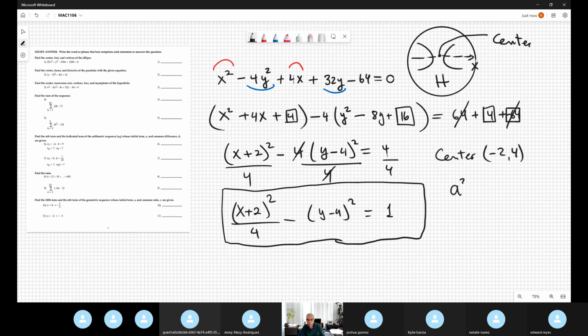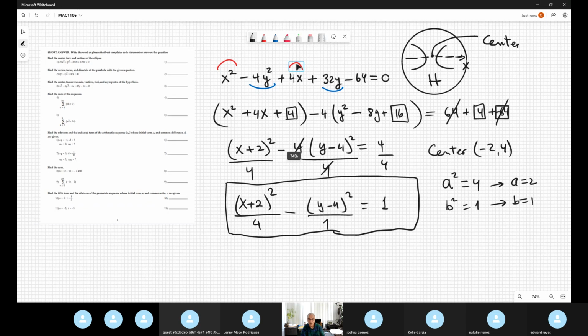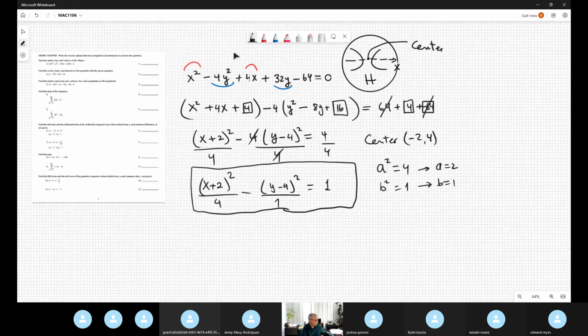Also a squared is 4. Remember, a is not the bigger one, like in the ellipse. A is associated with the positive term, and this is a squared, therefore a is 2. And b squared is 1, the coefficient here is invisible, therefore b is 1. Okay, now ready to start plotting that.